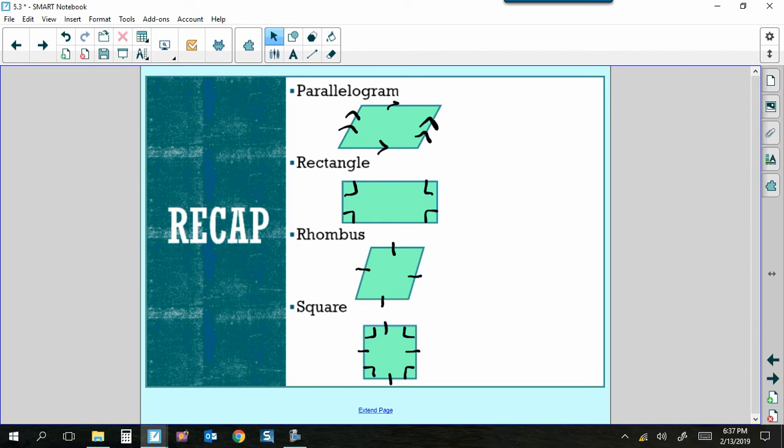If you can show that the diagonals are perpendicular and congruent, you know that you have a square. Just be very careful, because I see a lot of students show that the 4 sides are congruent, and just having 4 sides congruent is not enough to say you have a square, because all 4 sides of a rhombus are also congruent. So therefore, if I just say all 4 sides are congruent, you don't know if it's a square or a rhombus.